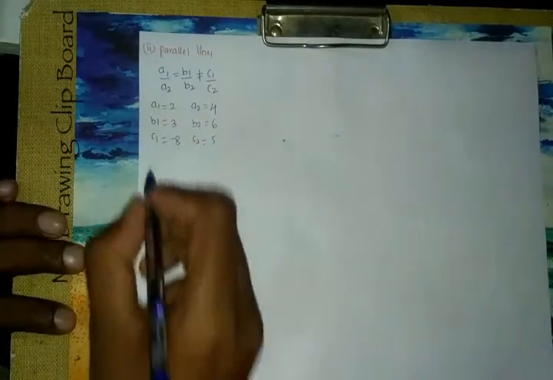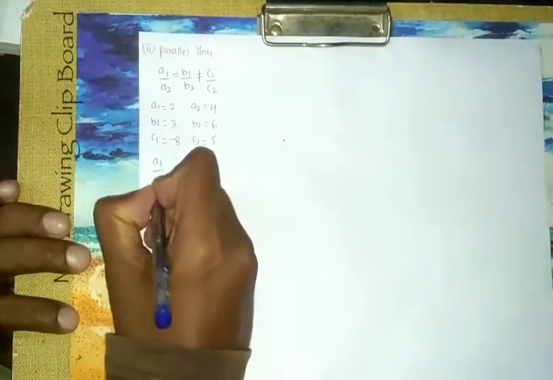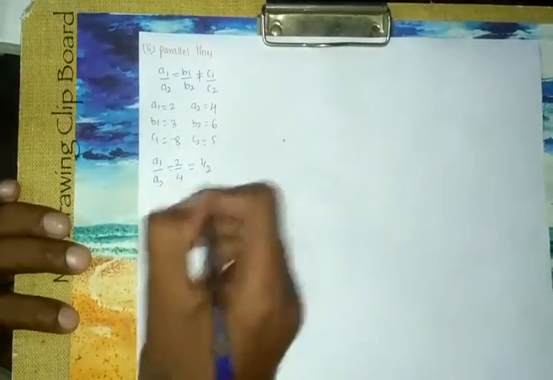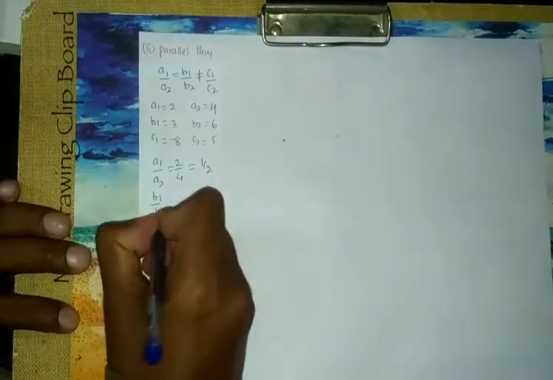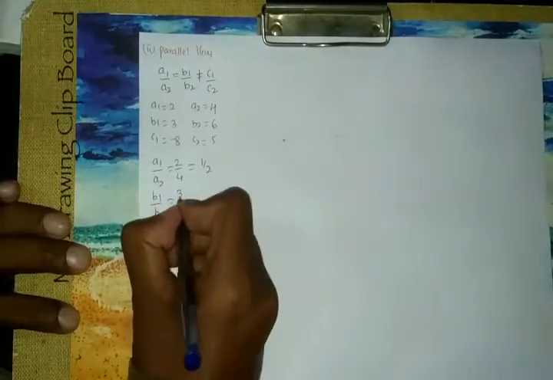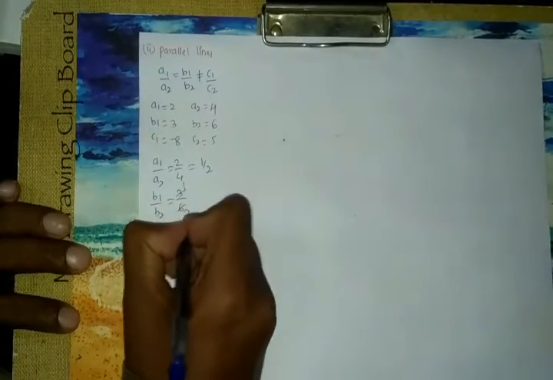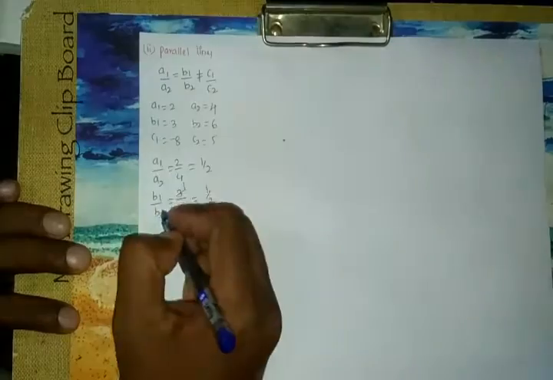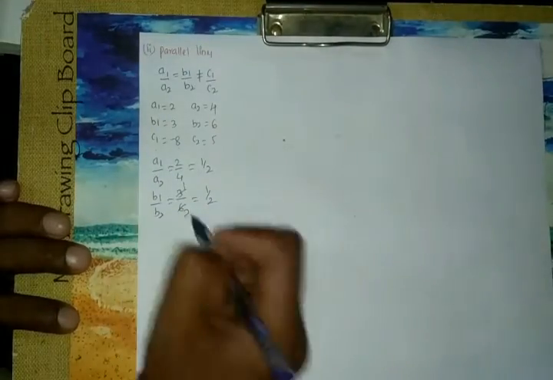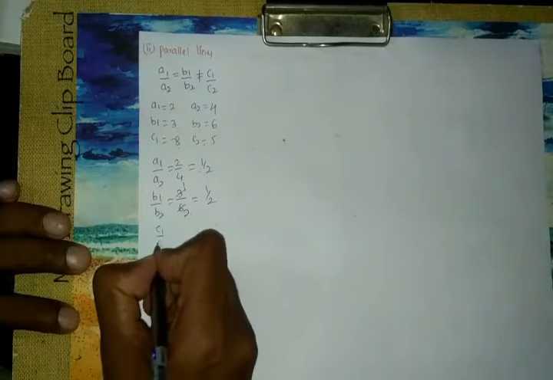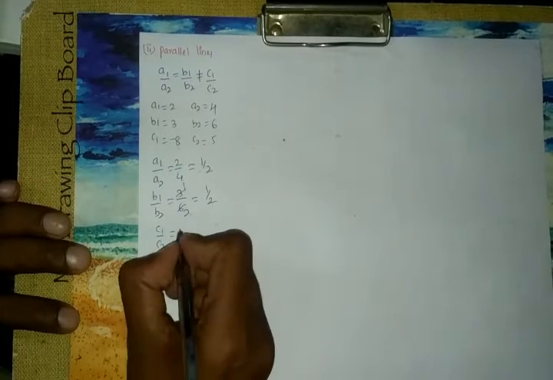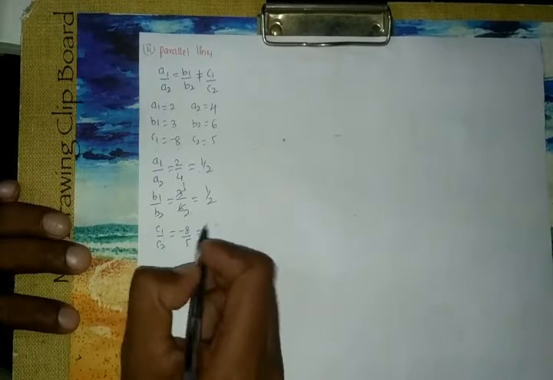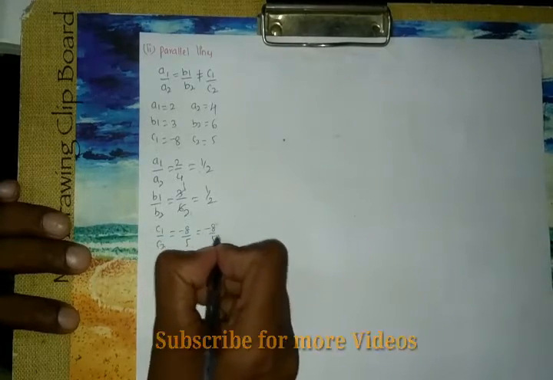So now the ratios a1 by a2 is 2 by 4, which is 1 by 2, and b1 by b2 is 3 by 6, so 3 ones are 3, 2 sixes are 6, it is 1 by 2. We are making a1 by a2 equals to b1 by b2, and c1 by c2 is minus 8 by 5.